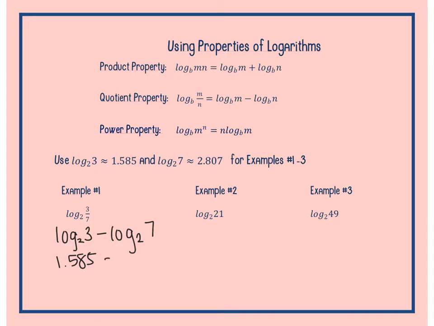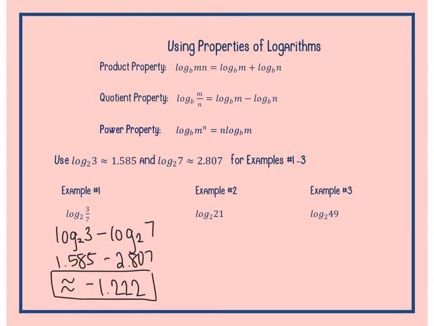Okay, so minus 2.807. So I'm actually going to just subtract those. And my answer is approximately, okay? So when you see a wavy equal sign like that, that's an approximate symbol. This is approximately negative 1.222.